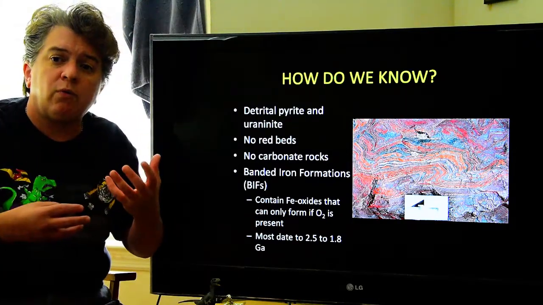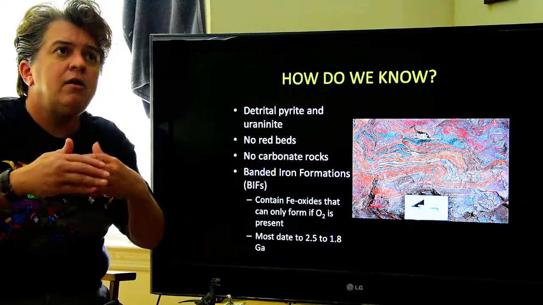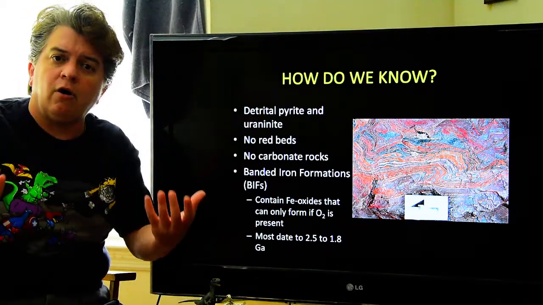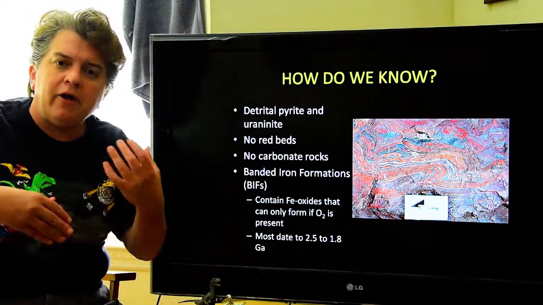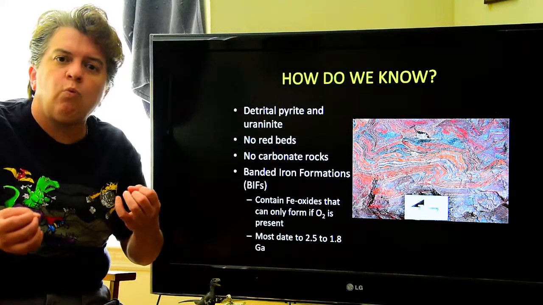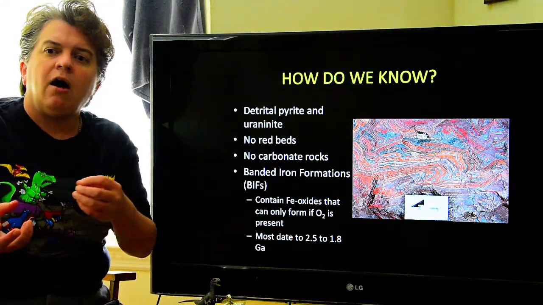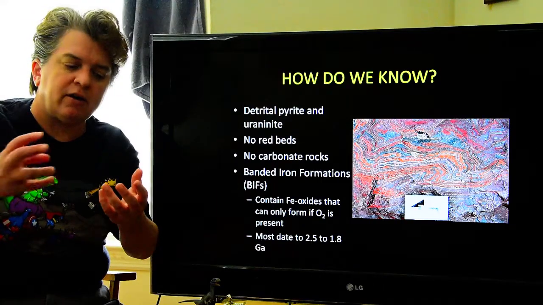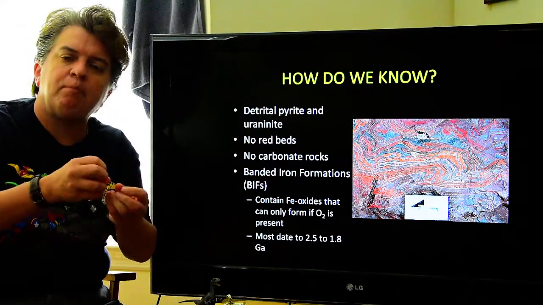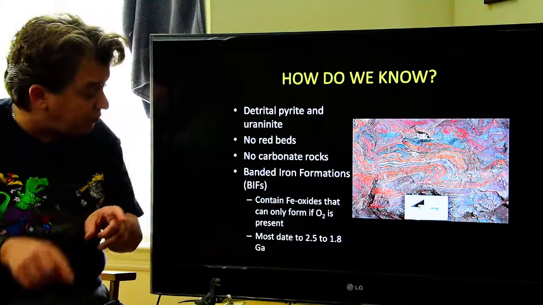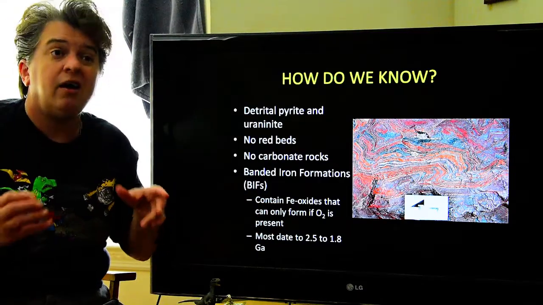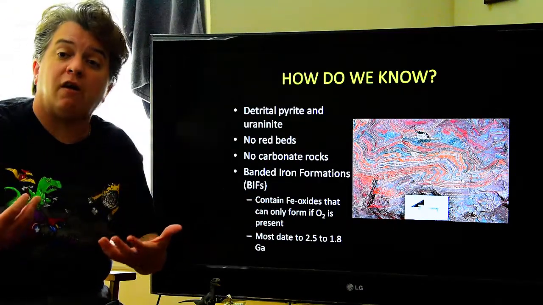So basically what was happening when there's no oxygen, no O2 in the atmosphere, iron can easily dissolve in water. But when oxygen is present, the iron likes to bond with it, it combines with it, but when it combines with it to create an iron oxide, it becomes insoluble.